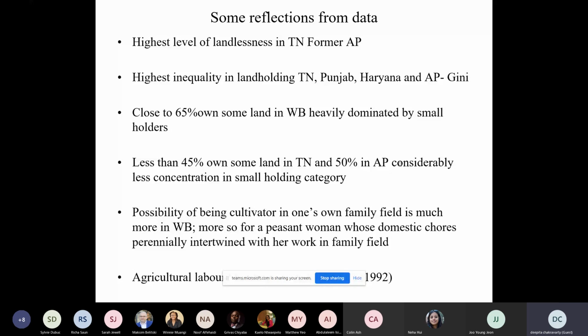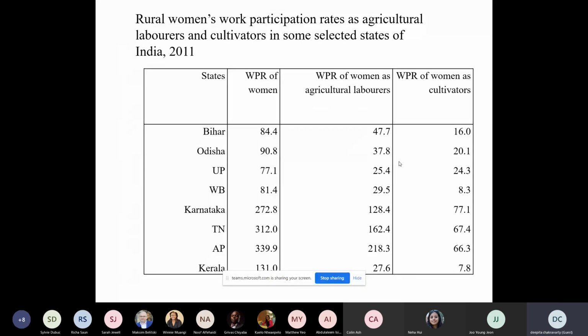Now let us look at some census data of the incidence of agricultural laborers and cultivators in the eastern and southern Indian states of India. What do we find? Now, the first point about work participation rate of women in general is again telling you exactly the same thing that we have seen in the first table from the National Sample Survey data.